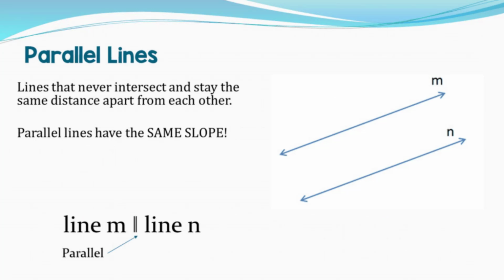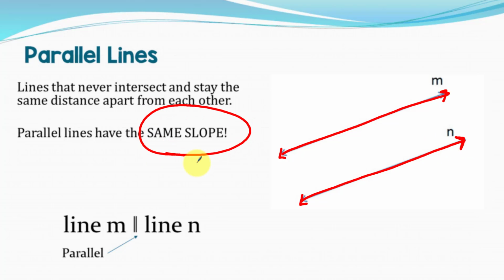All right, parallel lines are two lines that are going to go on and on forever without touching. And we know that parallel lines have the same slope. So when we see them in an equation, we're going to know they're parallel because they have the same slope. If they have the same slope, we know they're parallel.